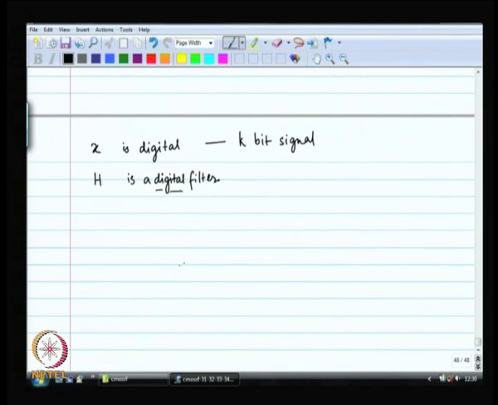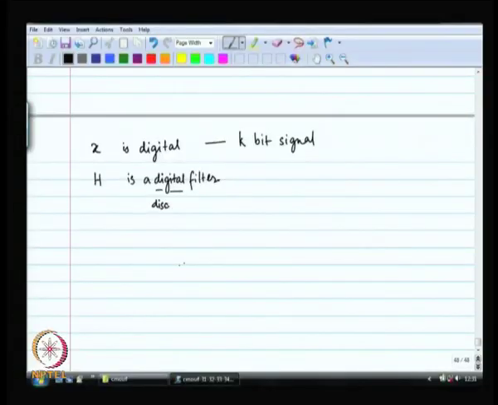By digital I mean that it has bits as input. So, it is not just a discrete time system, it is discrete time and digital. All right.